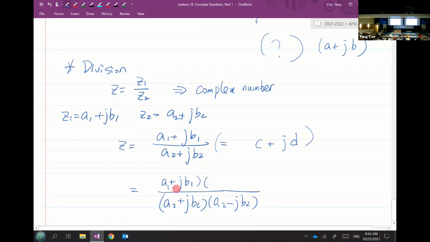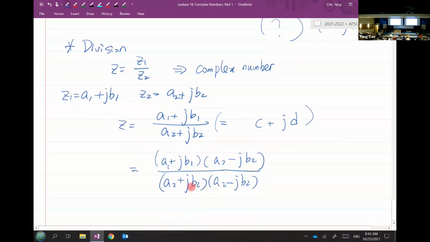So you have to multiply the numerator with the same term, which is the conjugate. So this way, when you multiply the denominator out, whatever the numerator is, you can do the multiplication operations that we learned.